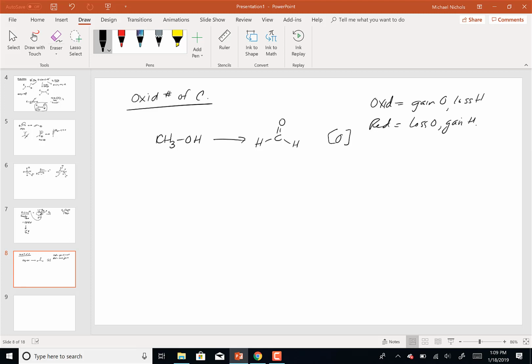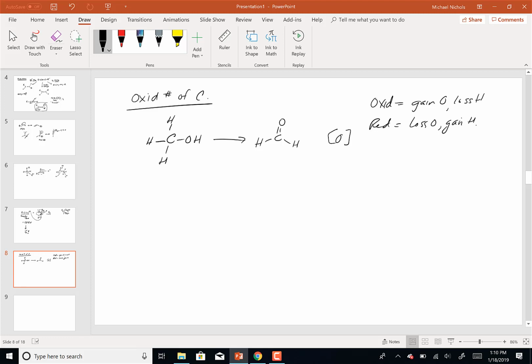So how do we figure out the oxidation number of carbon? They have 3 rules in the book, 3 steps. I bypass that and just remember a process as opposed to memorizing 3 steps. Here's what the process is based on. You're going to look at the atoms that each carbon is attached to, and decide which of those 2 atoms is more or less electronegative.